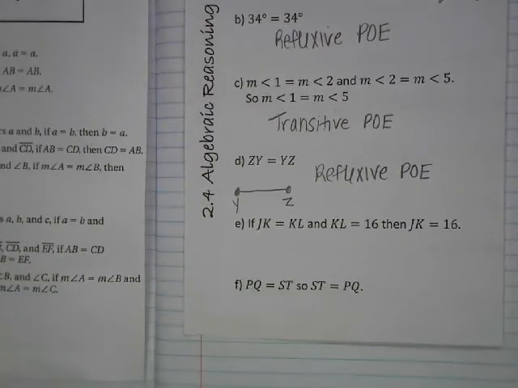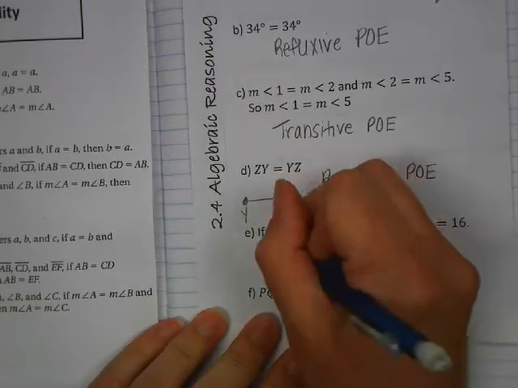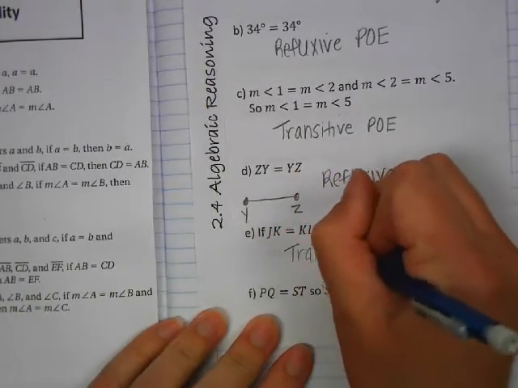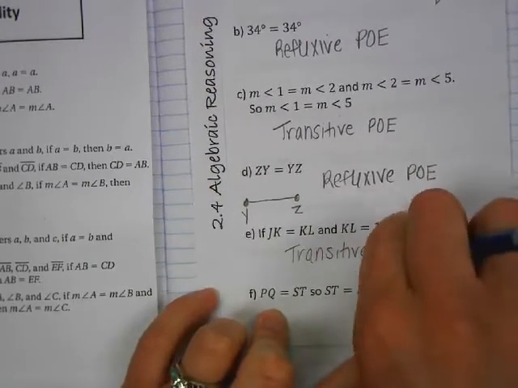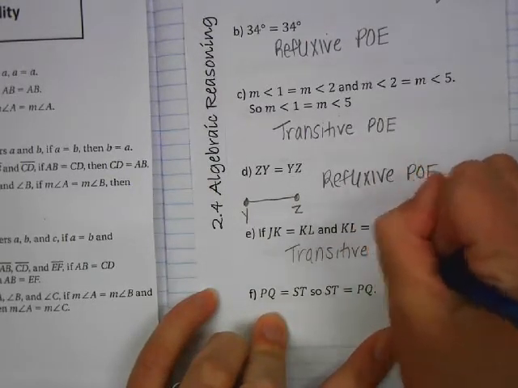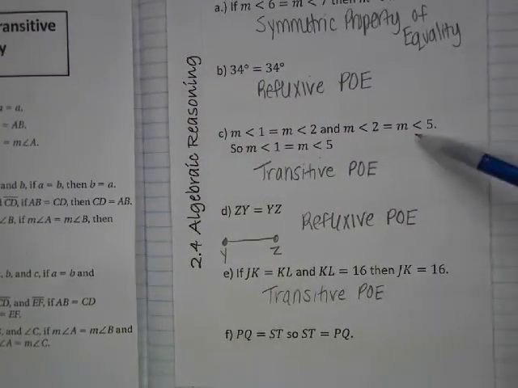And then E, if JK equals KL and KL is 16, you can conclude that JK is 16. So that's another transitive property of equality. So basically, C and E are similar.